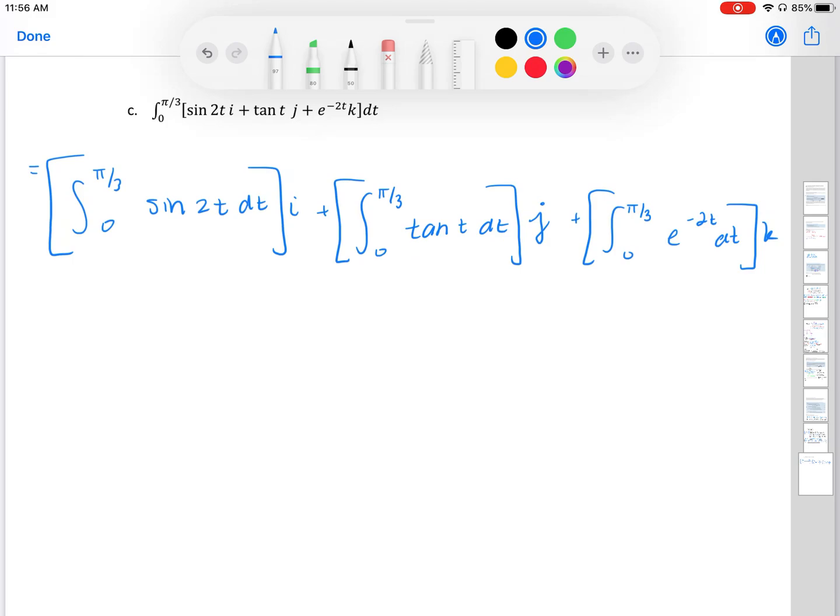For this problem, I would have my unit circle handy just so I know what those values are as I'm integrating.